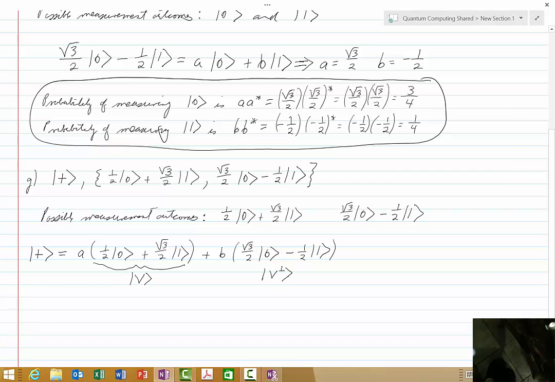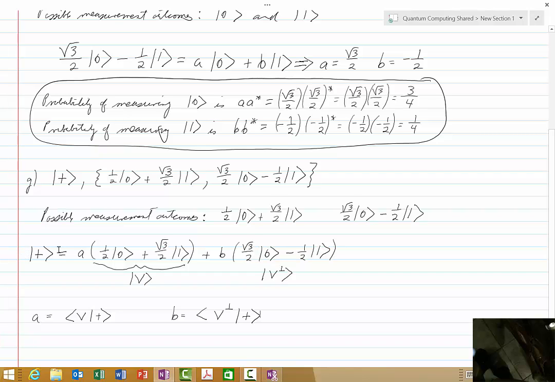And if we do that, then we see that A is equal to the inner product of V with the given state, and B is the inner product of V orthogonal with the given state.